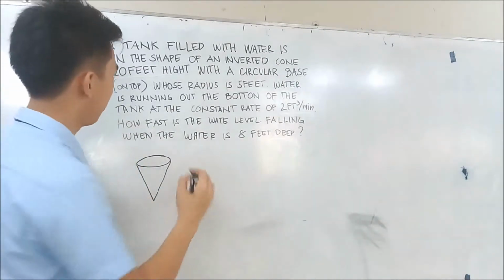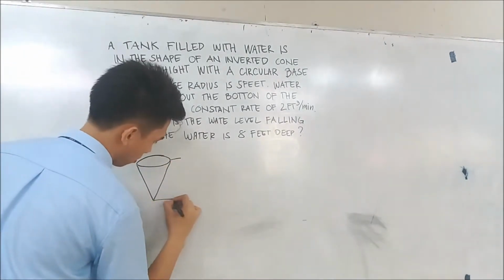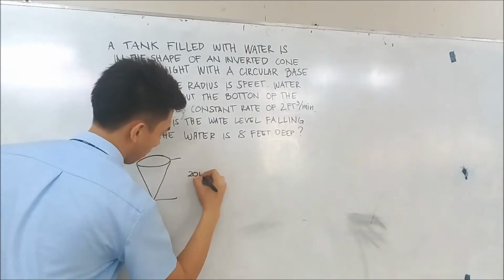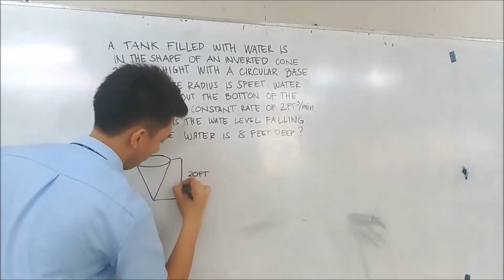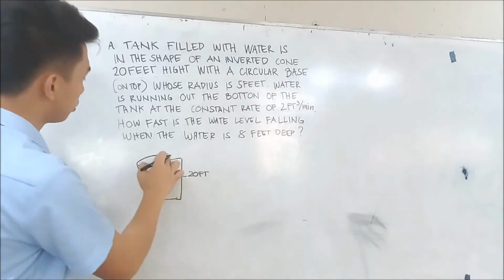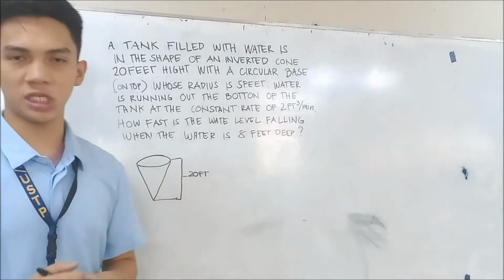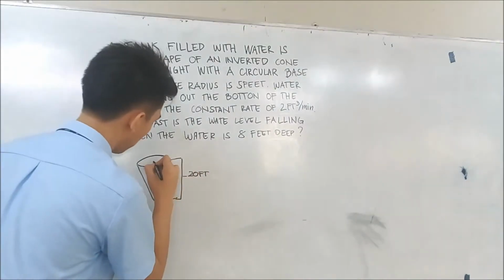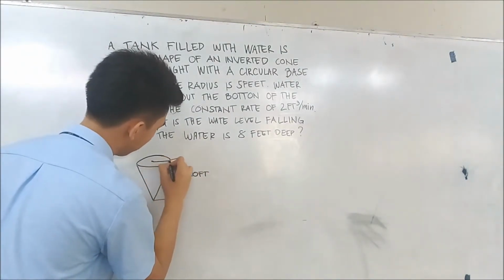A tank filled with water is in the shape of an inverted cone, 20 feet high, with a circular base on top, whose radius is 5 feet.